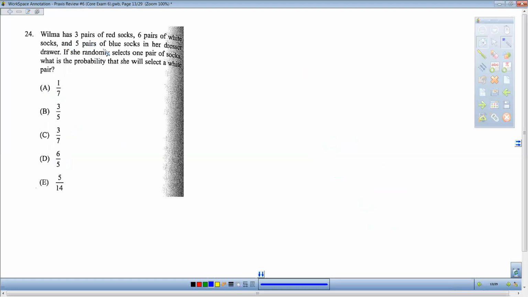So Wilma has 3 pairs of red socks, 6 pairs of white socks, 5 pairs of blue socks in her dresser. So total, you've got 14 pairs of socks. If she randomly selects one pair, what's the probability she'll select white? So we needed to know what the total would be.